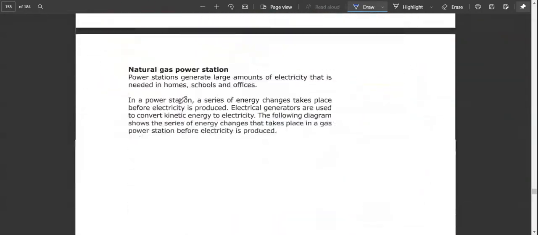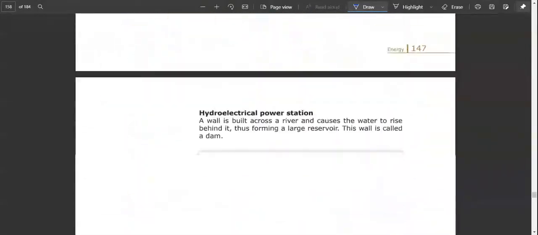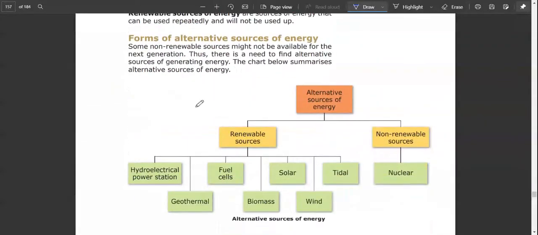So you can see that there are many alternative sources of energy: hydroelectric power station, geothermal, fuel cell, biomass, solar, wind, tidal. And just now the answer was biomass.